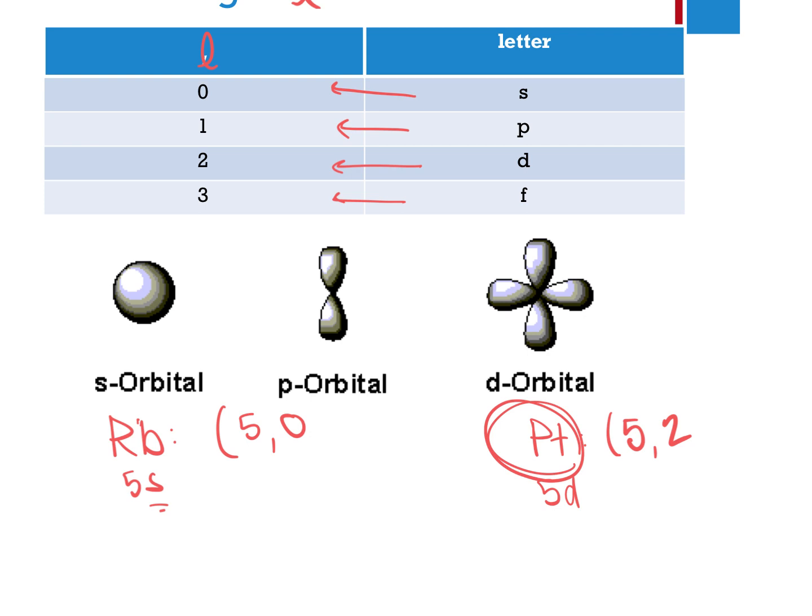But when we talk about giving the quantum number for platinum, that means we assume it's its last electron. So for platinum, it would be electron number 78 that we would be giving the address for. Okay, is that kind of clear? Okay. So S, P, D, F.